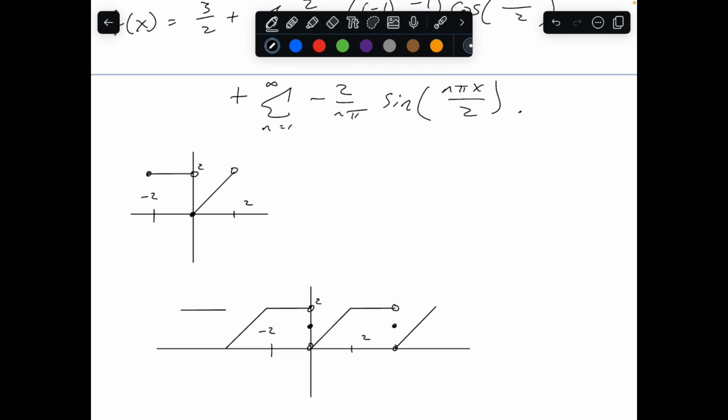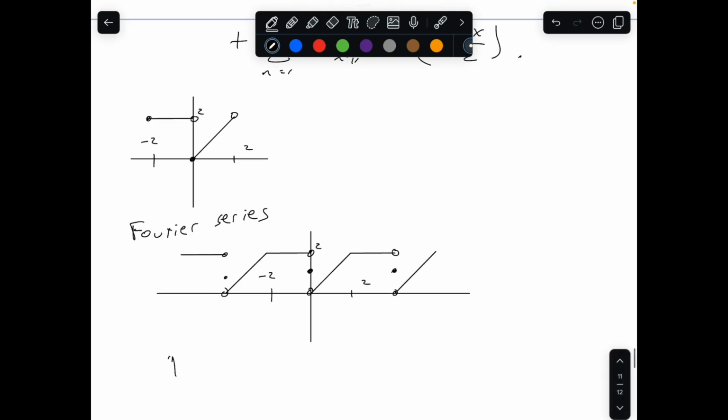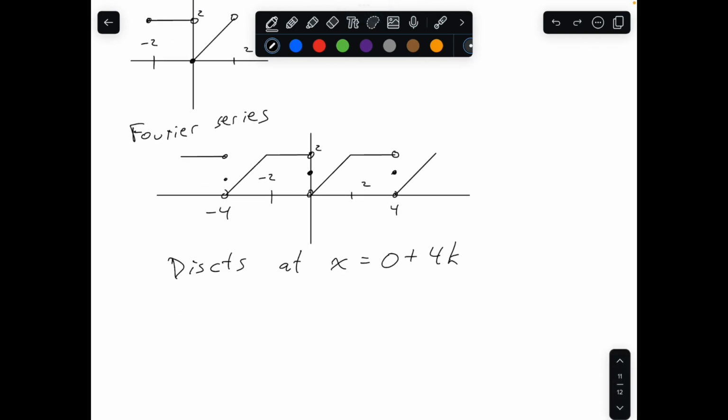So over here we get that, over here we get this, and so this is going to be our Fourier series. There's no odd or even extensions to do with this guy. It's going to be discontinuous at 0 plus multiples of the period. The period is 4, so 0 plus 4k. You could just write 4k if you want, doesn't matter.